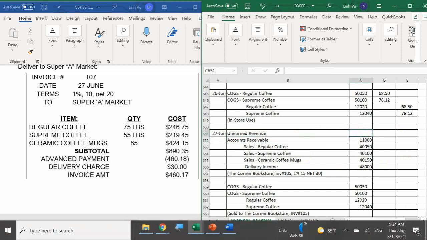I think it's 26,000, but let me look. Yeah, 26,000. Okay, so that amount was $460.18 that they paid. Good. And then the rest of the balance goes into accounts receivable, $460.17.